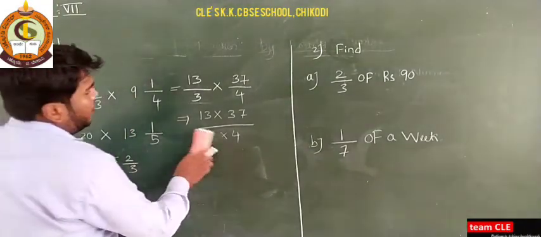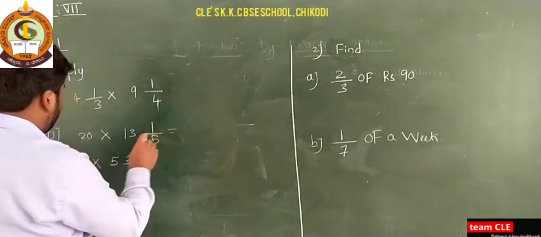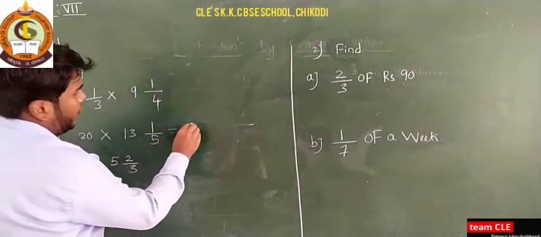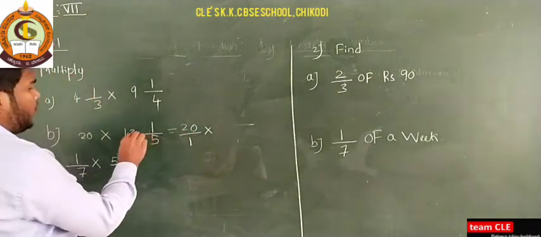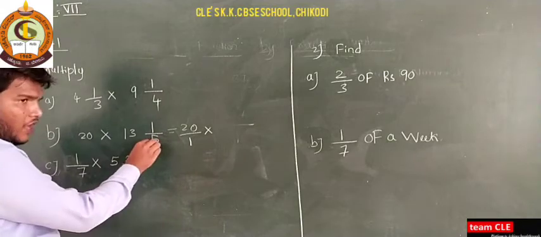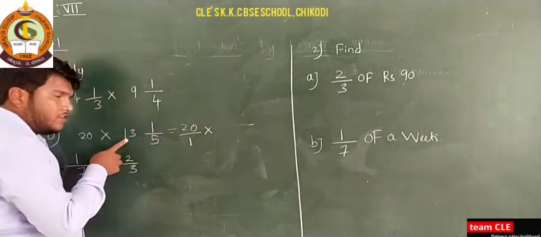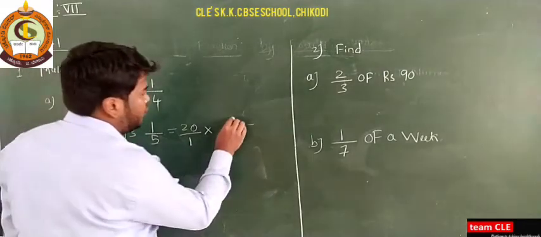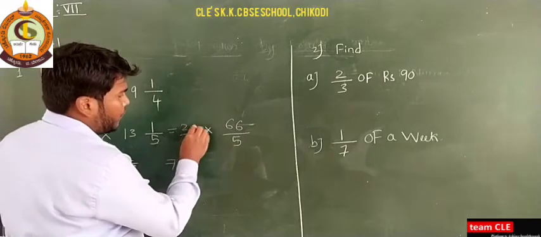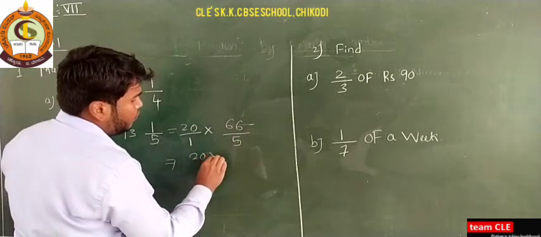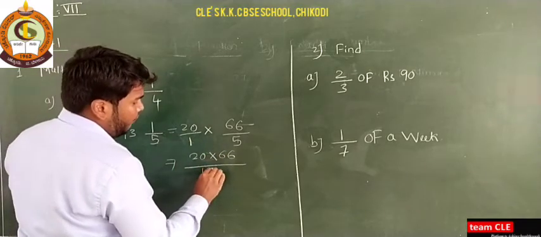Second problem, similarly I am going to solve. Second one, see here all of you. It is 20, 1 is hidden, into 13 integer 1 by 5, that is 13 5s are 65 plus 1, which equals 66 by 5. Okay, so now multiply numerator with the numerator, that is 20 into 66 whole divided by 1 into 5.